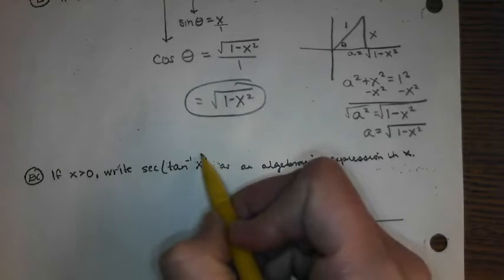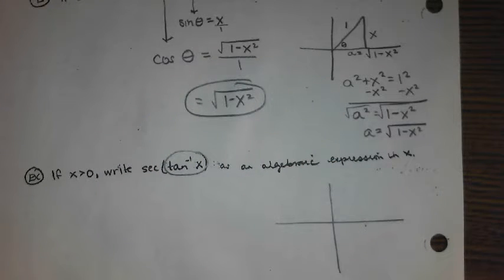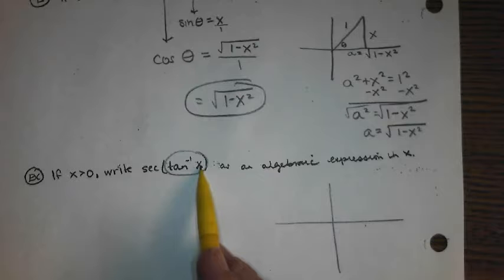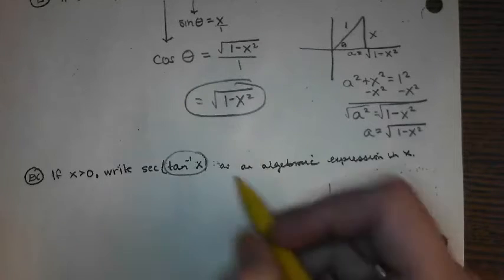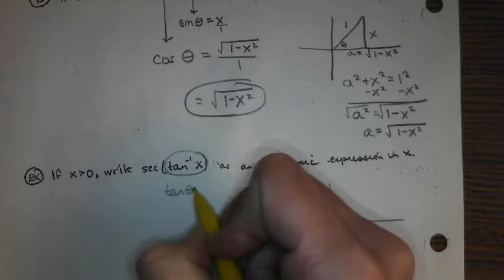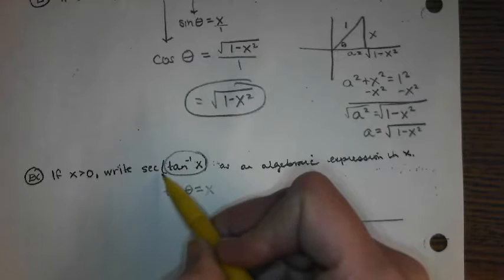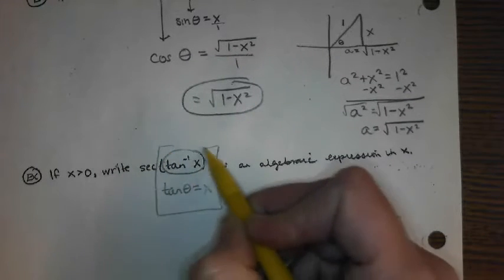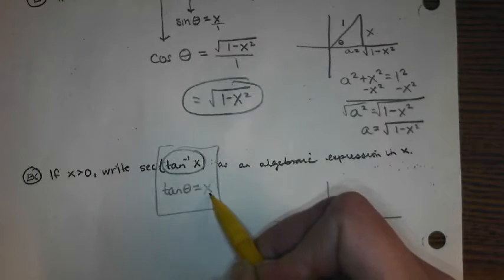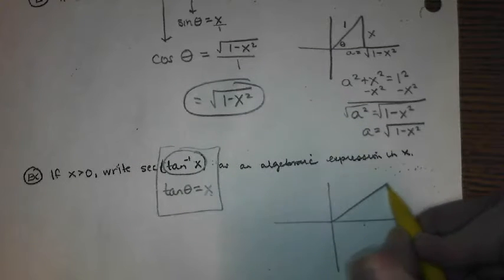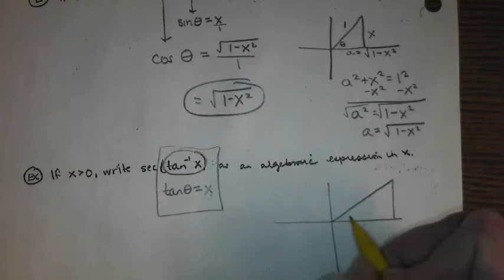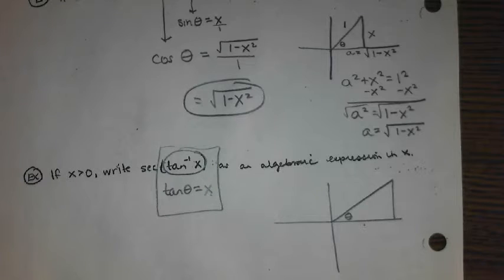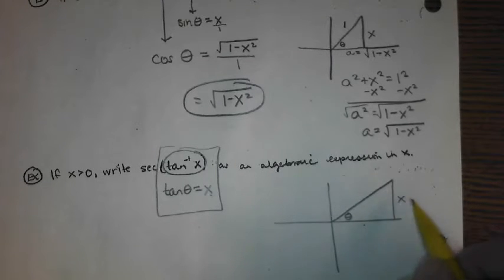Good, because we're starting with the inverse tangent of x. And they told us that x is positive, so that's the tangent of some theta equals x. So this fact that x is positive tells us tangent is positive, which happens in the first quadrant. Good. How did you label your triangle? Great.